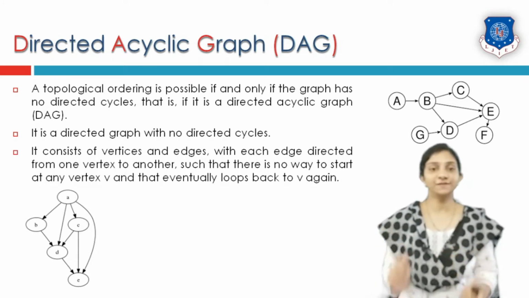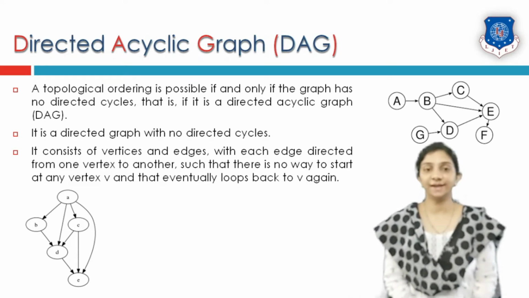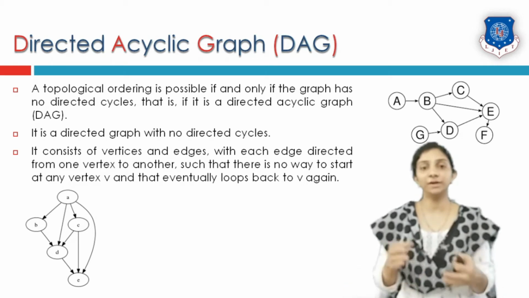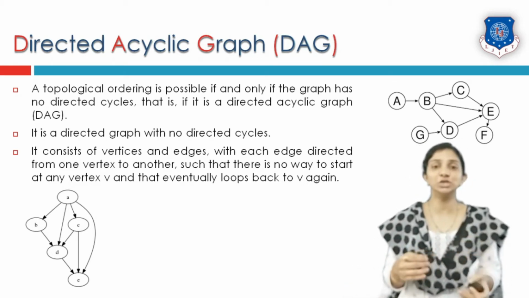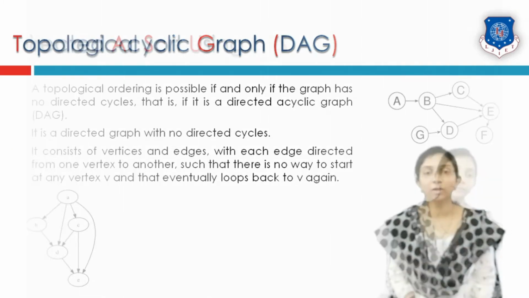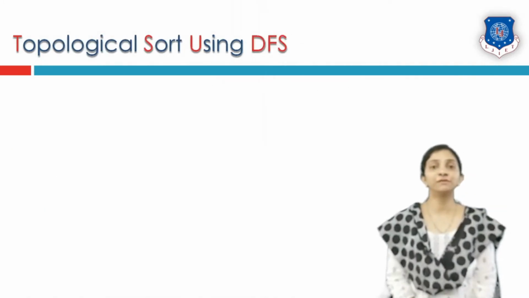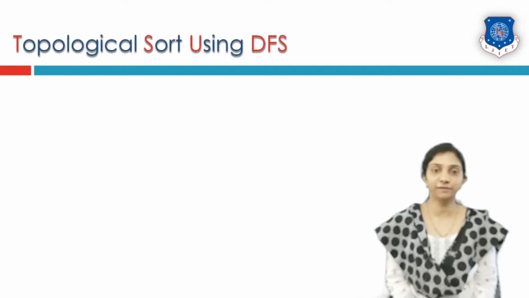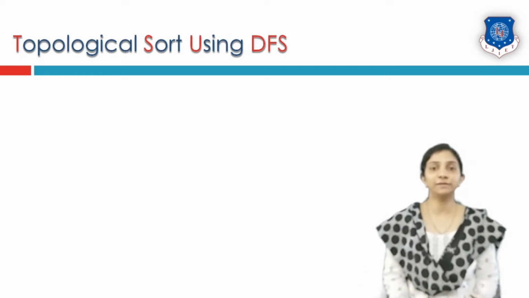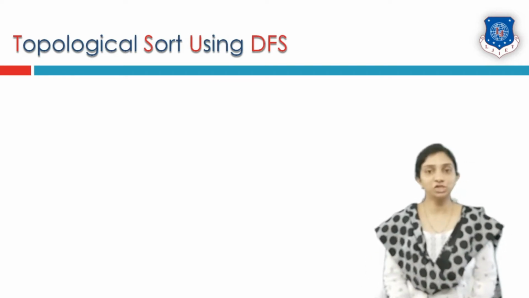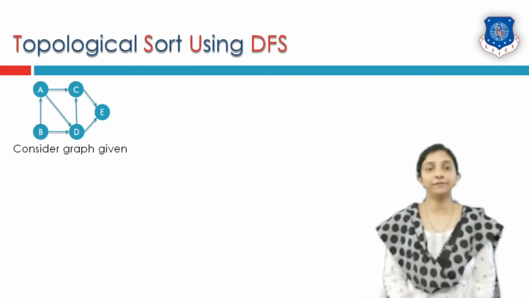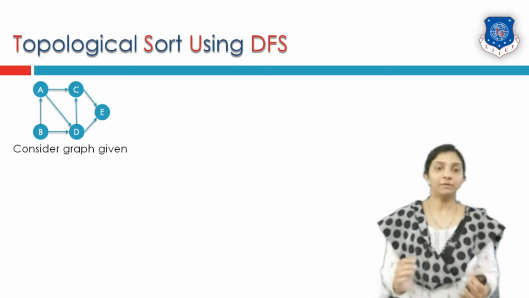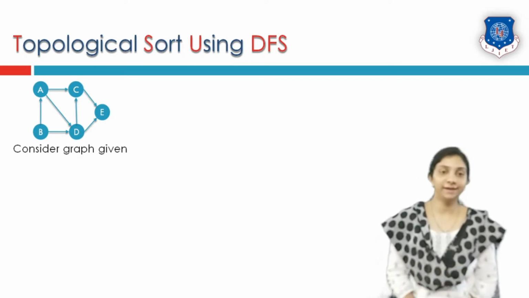Here in this example, vertices and edges are directed from one vertex to another in such a way that vertices don't eventually loop back again. Now there are two methods to generate topological sort. The very first method is to sort topologically using the depth first search technique of graph traversal. Now consider this directed graph.